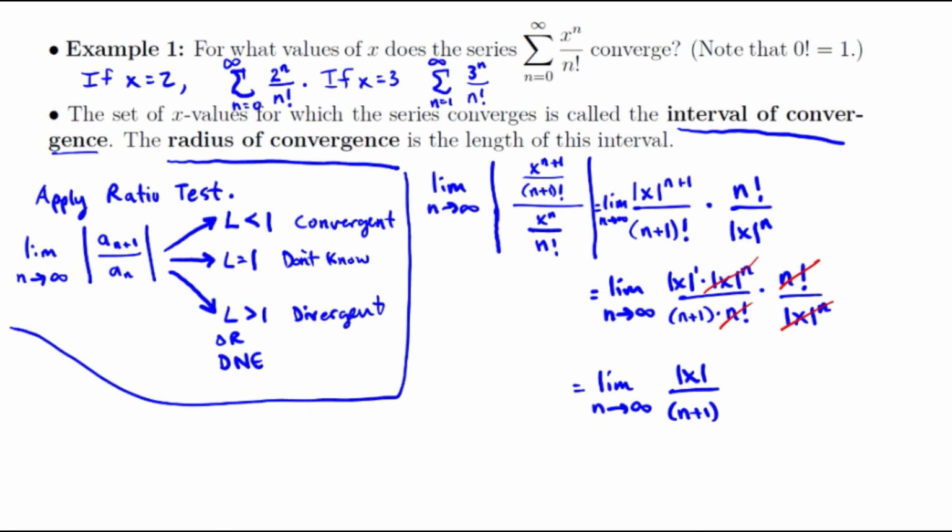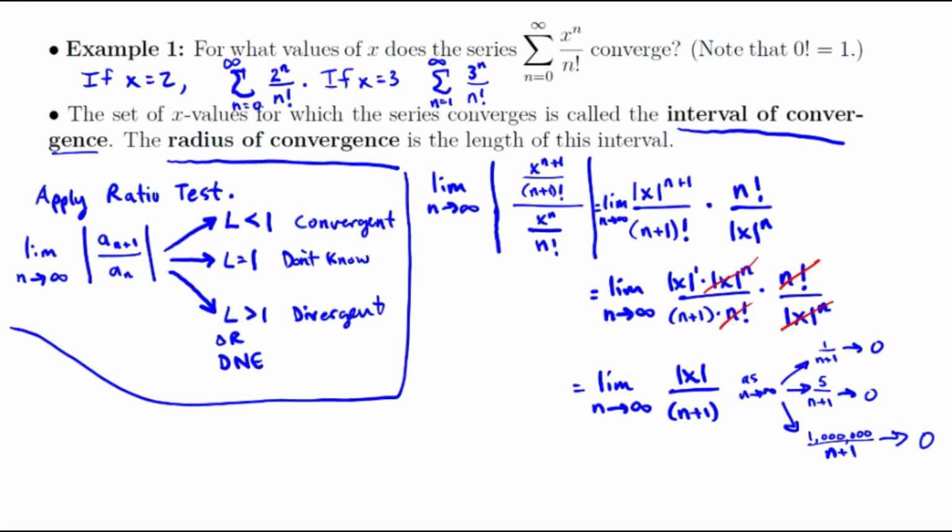If I plugged in a negative 5 for x, then that would become positive 5, right? And positive 5 over n plus 1 goes to 0, right? So I'm just going to keep track of the things I'm trying here. What if I put in a million for x? Okay, so literally 1 million over n plus 1. Well, eventually, once n gets significantly bigger than a million, what's going to happen? This thing goes to 0, right? So as n goes to infinity, these are all going to 0.